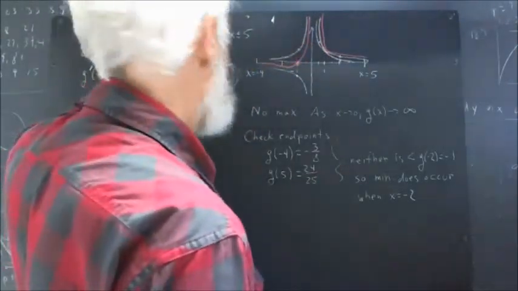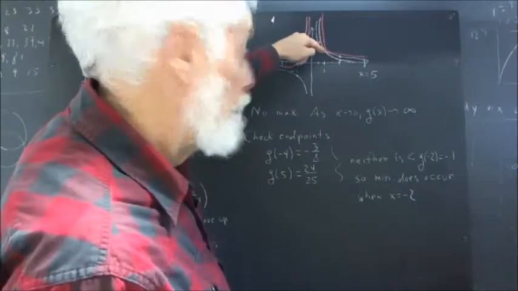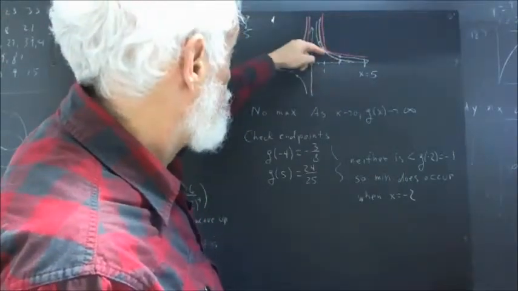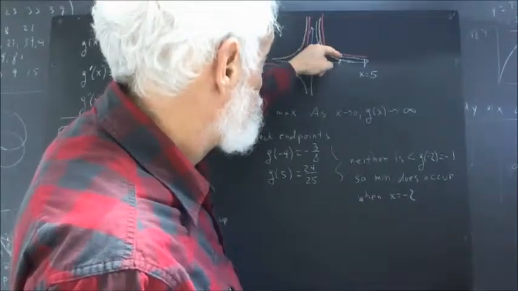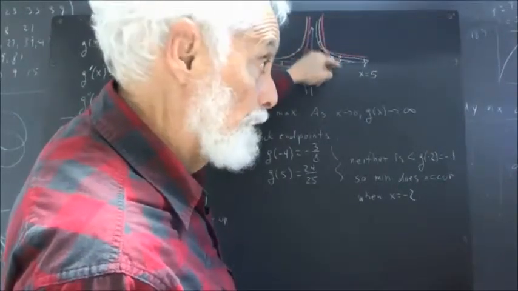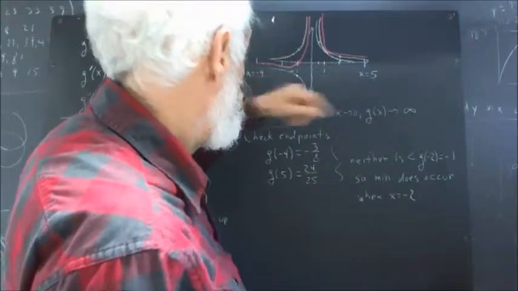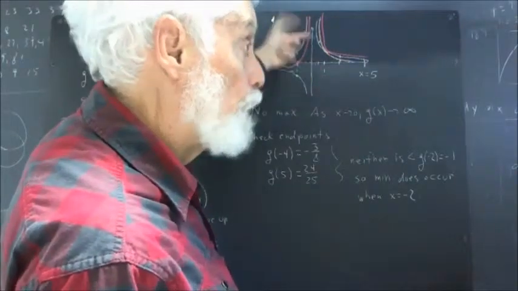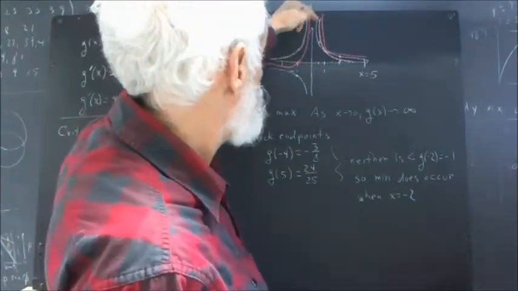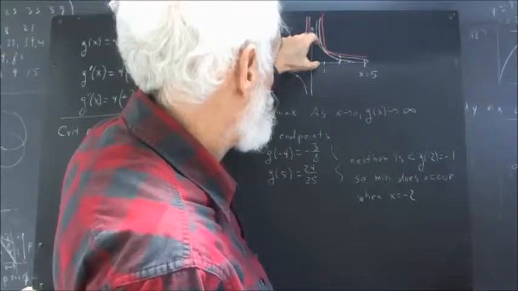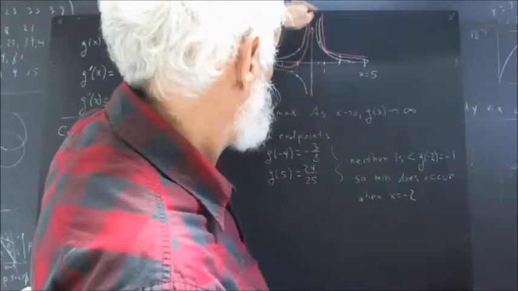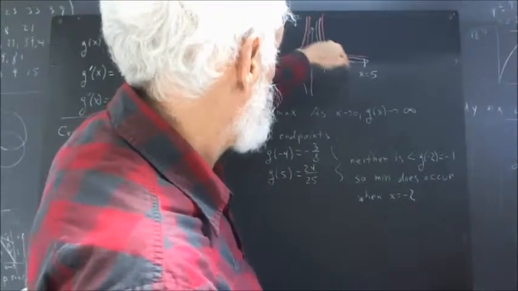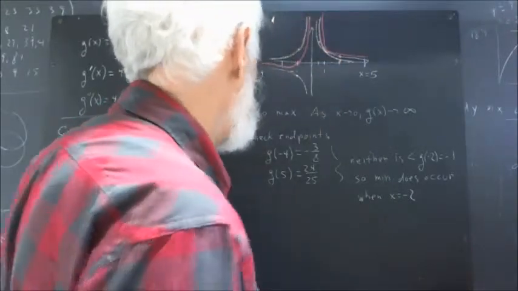1 over x squared goes through the point (1, 1), just like 1 over x does, but it goes through the point (2, 1/4), so it's only half as high as the 1 over x graph when x equals 2, and through (1/2, 4), so it's twice as high as the y equals 1 over x graph when x equals 1/2. So the graph looks something like this orange graph.